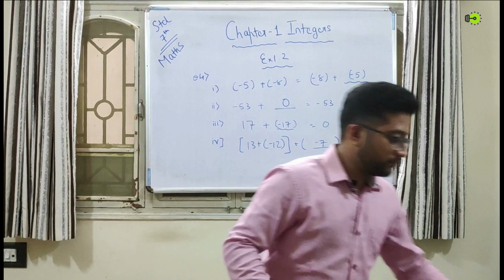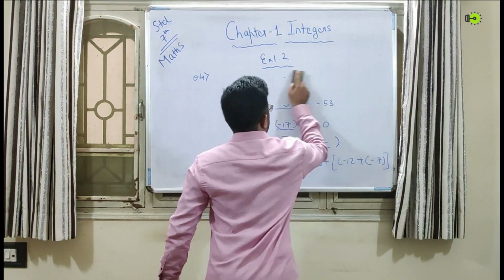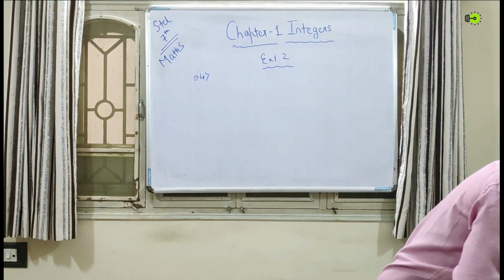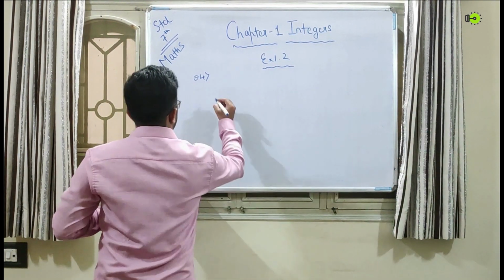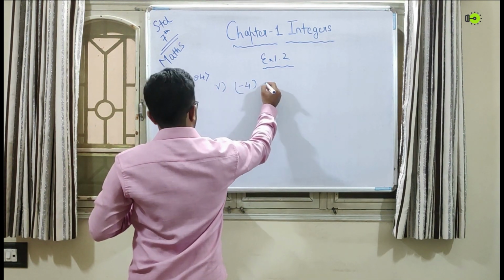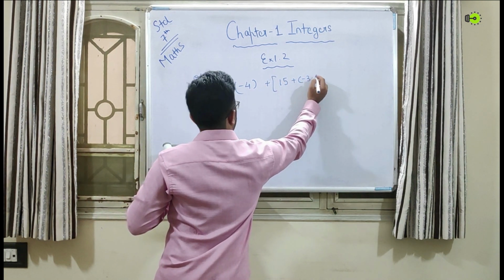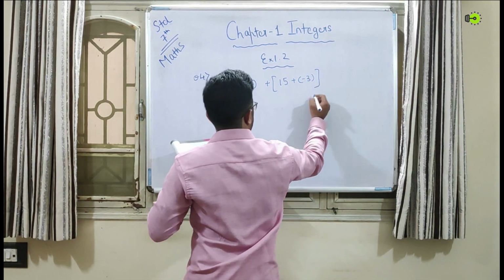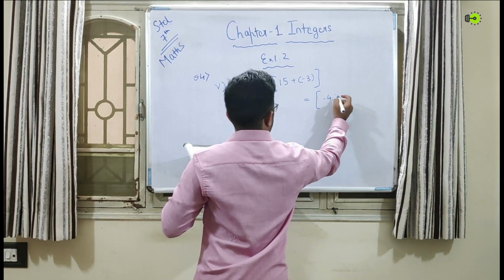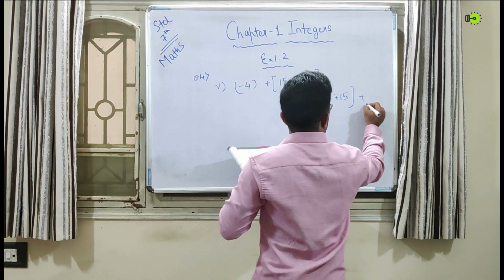Fifth point, let me rub the board so that you can see it better. Minus 4 plus 15 plus minus 3 is equal to minus 4 plus 15 and plus dash.